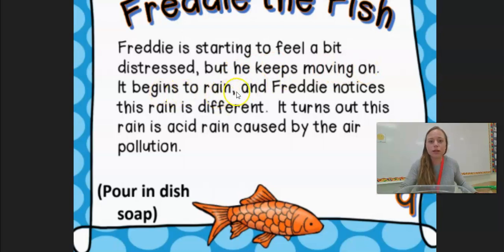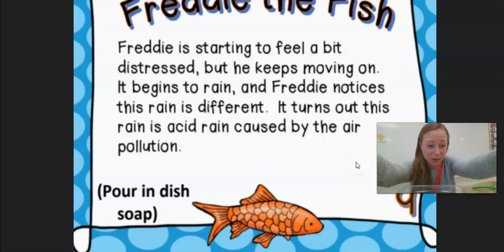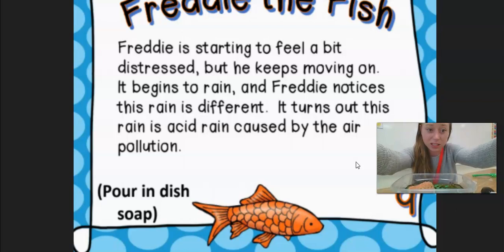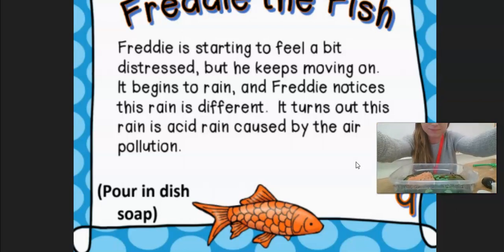It begins to rain, and Freddie notices this rain is different. It turns out this rain is acid rain caused by air pollution. Oh, boy, so you can see how air pollution and water pollution are affected by each other.